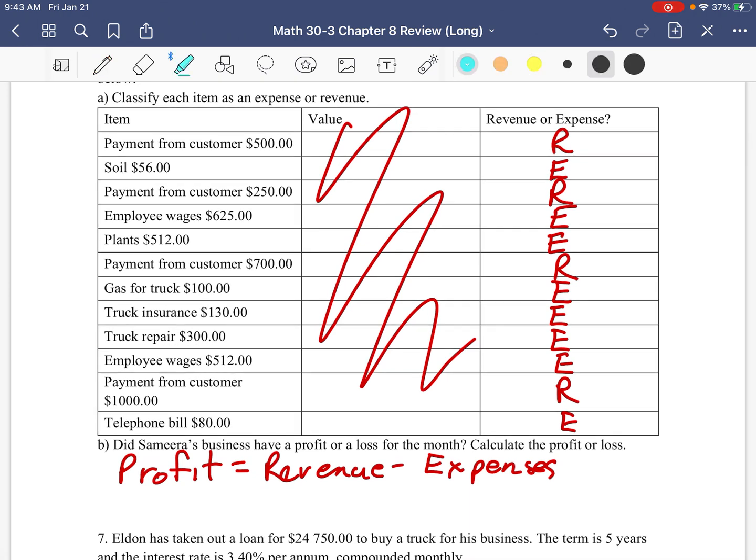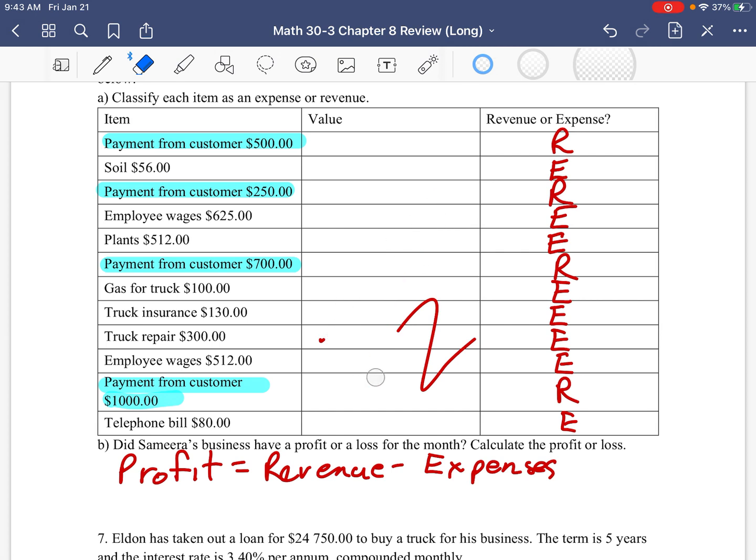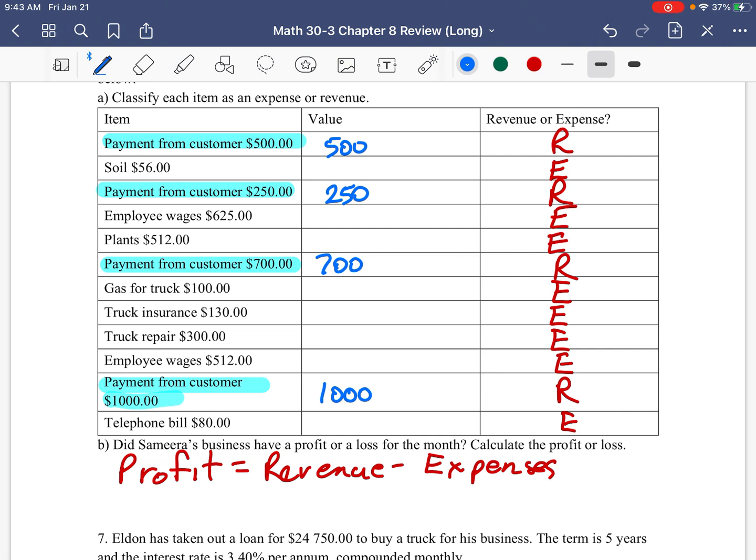So, let's look at all the revenue. Payment from customer, customer. Actually, I'm going to add them up here because I can. So, this works out to be, let me see, 500, 250, 700, 1,000.